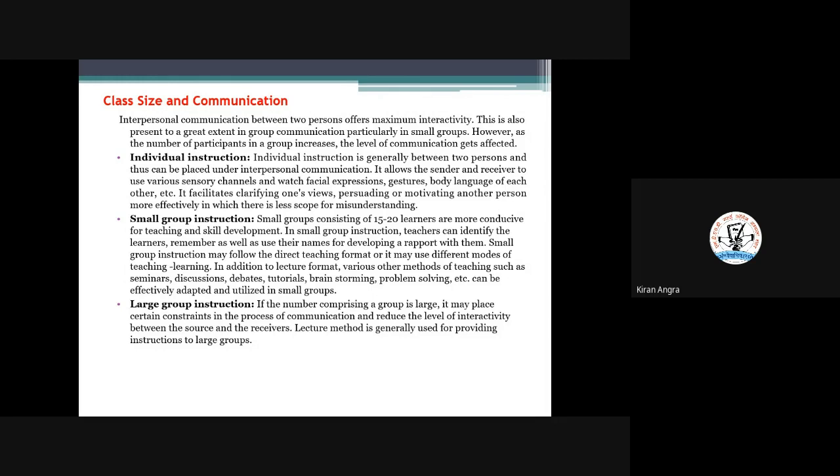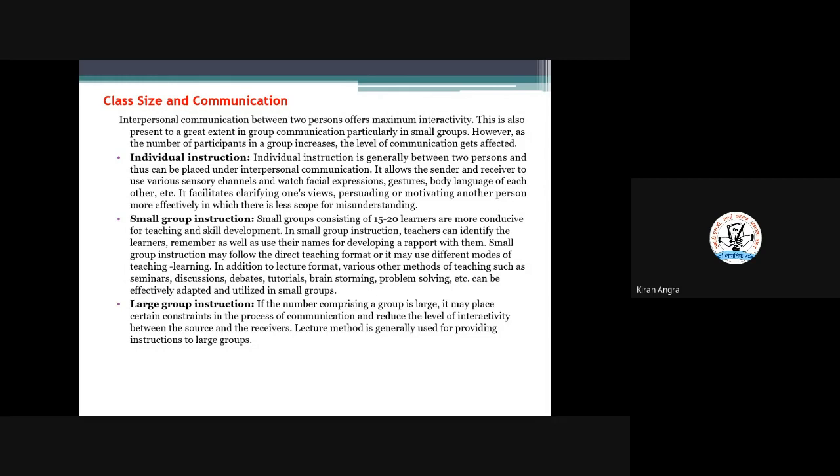In this you can follow the direct format of lecture, and you can have seminars, debates, tutorials, brainstorming sessions, problem solving quizzes, and hence you can carry out your teaching skill in a very good way.